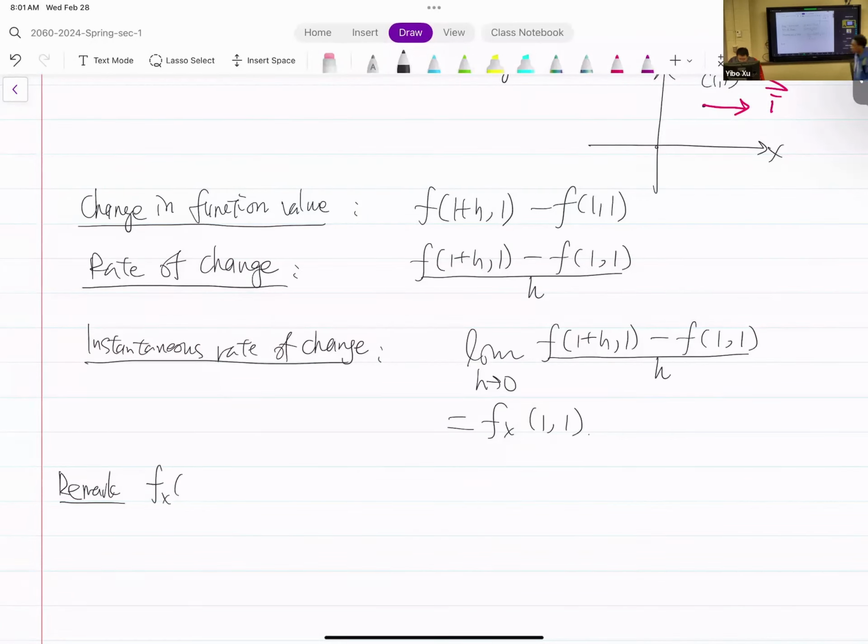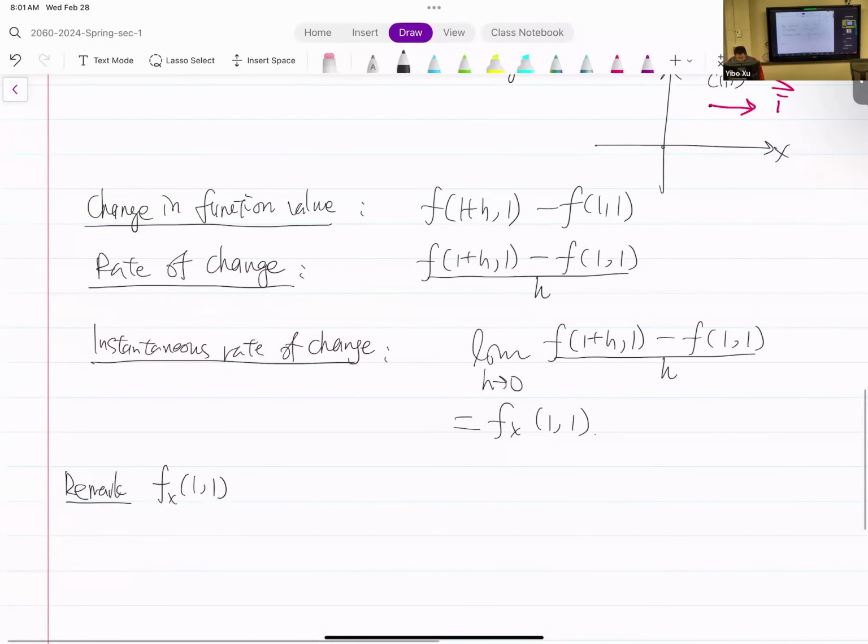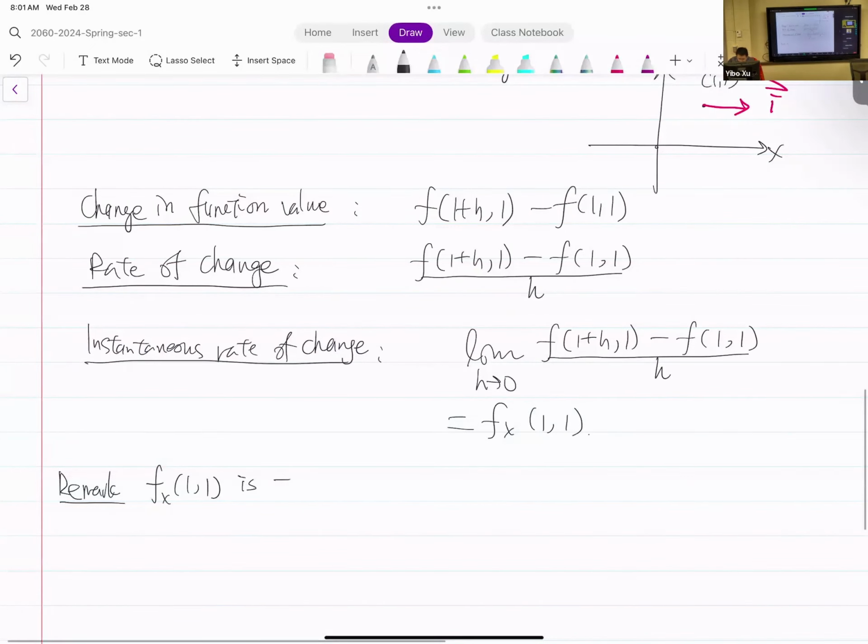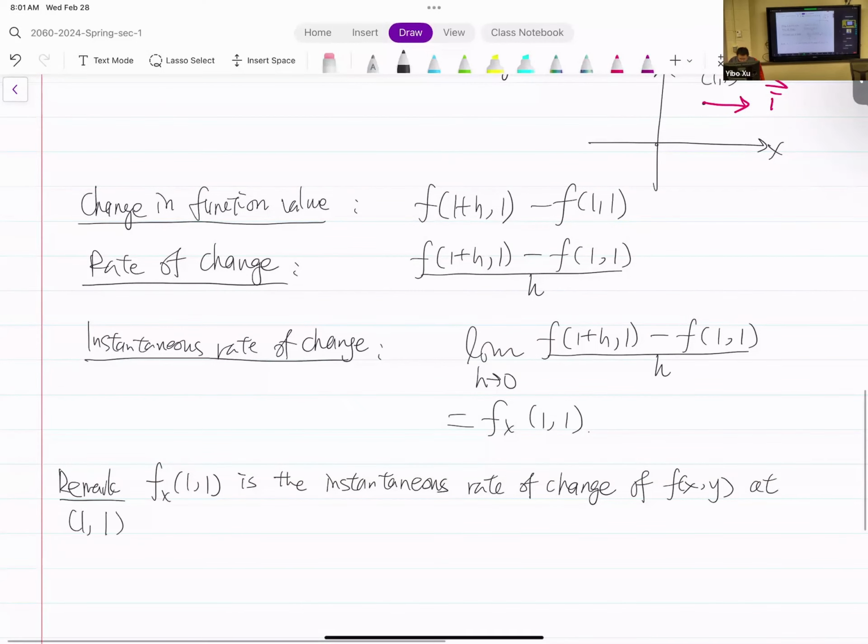So here, mark. f sub x at 1, 1 is the instantaneous rate of change of our function f of x, y at the input point 1, 1 along direction i. Okay.